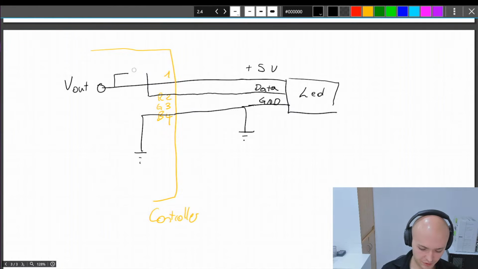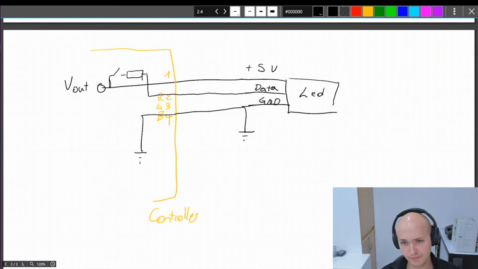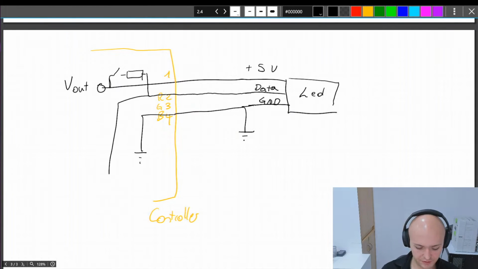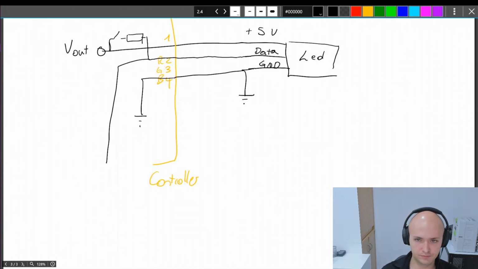We will need a resistor too. So we use a switch and a resistor to supply the 5 volt signal to the data pin over one of the RGB pins, for example R. So we only need to keep the right pinout at the connector in mind. So this is connected and this is connected too.